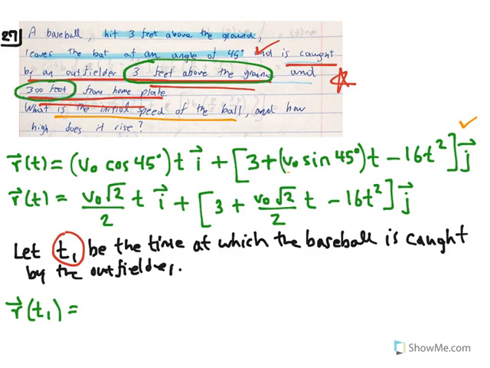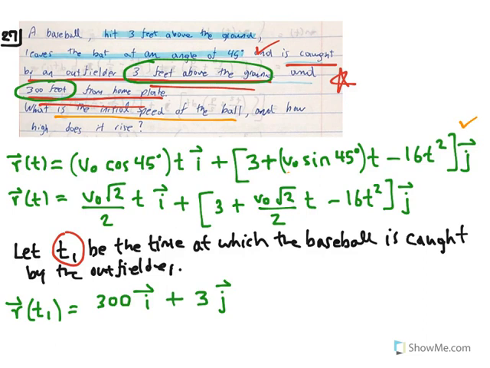So by the time the outfielder catches it, the baseball has traveled a horizontal distance of 300 feet. And the outfielder catches the baseball at a height of 3 feet above the field. So the height of the baseball at t sub 1 is 3 feet above the field. So we know that.